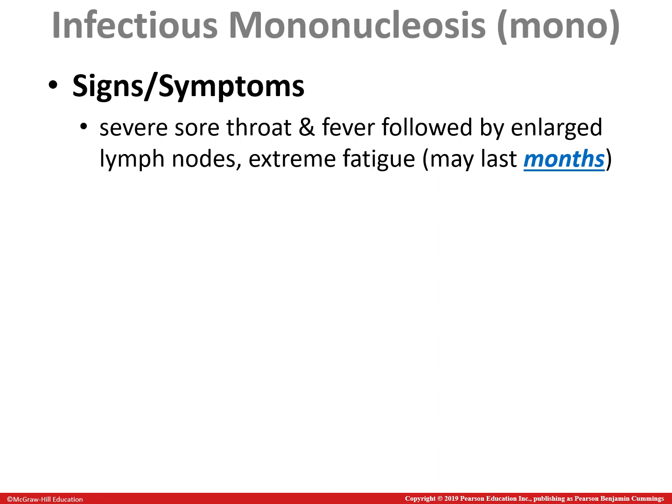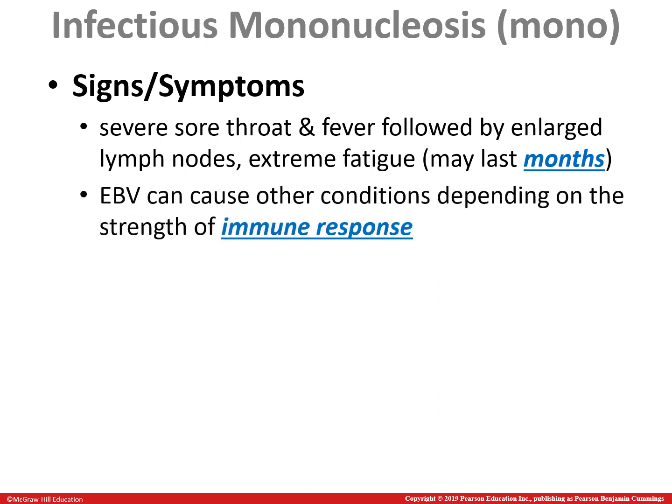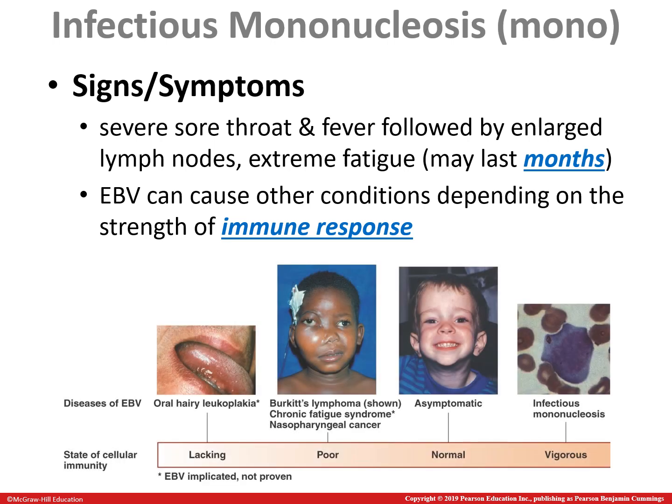Signs and symptoms are fairly mild for most people, but can lead to extreme fatigue, lack of concentration, and enlarged lymph nodes that can last for months. Again, it really depends on the condition of the immune system what kind of symptoms you're going to see, and this largely is associated with age.